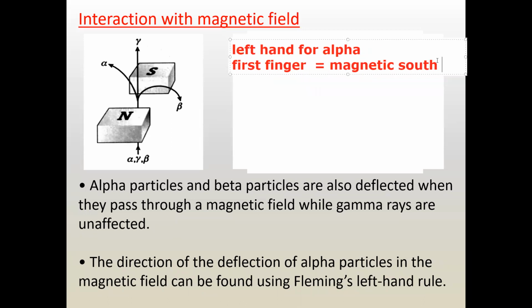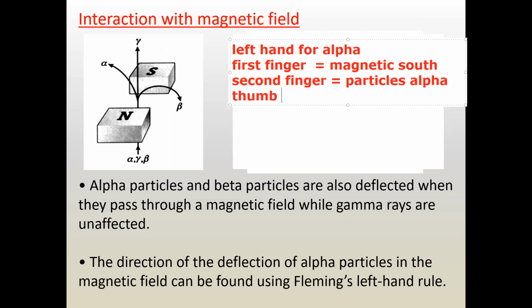What about the second finger? Your second finger of the left hand should represent the direction of the particle, alpha, which is the direction alpha is coming from. And your thumb automatically will represent the force or the deflection.